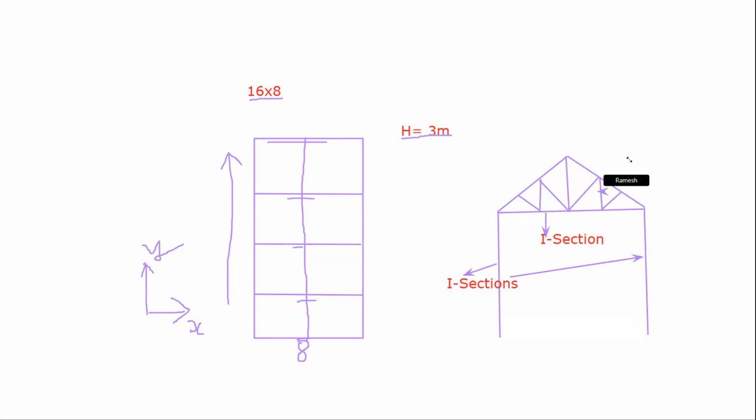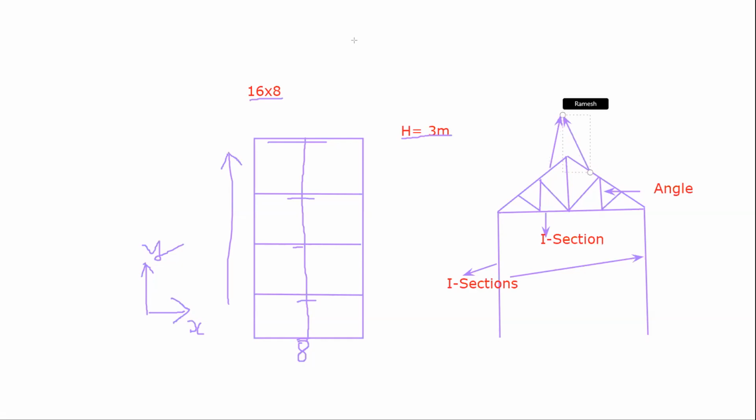Then these truss members, you can take them as angle members. Angle, Indian angle, ISA, Indian steel angles. You can use them for this inclined member, that is this one and this one.